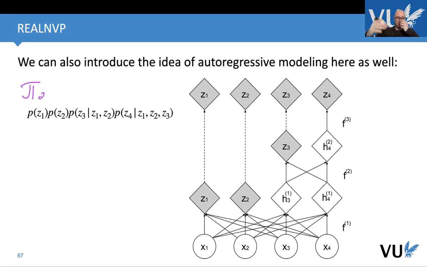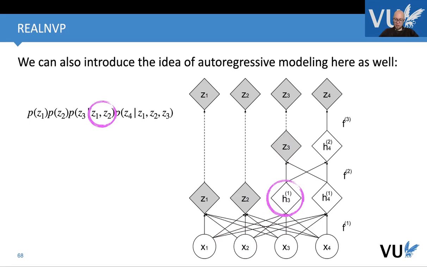Now we can ask ourselves how we can model it in one forward calculation. We can do it because, again, if we want to calculate, for instance, the distribution for z of x3, by applying these coupling layers we will model everything, and we will have the output of this layer that actually looked at everything so far.